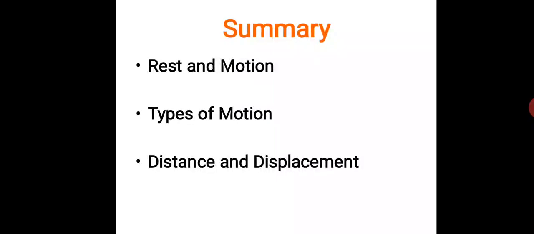And uniform motion means equal distance in equal intervals of time. Then non-uniform motion means unequal distance in equal intervals of time.